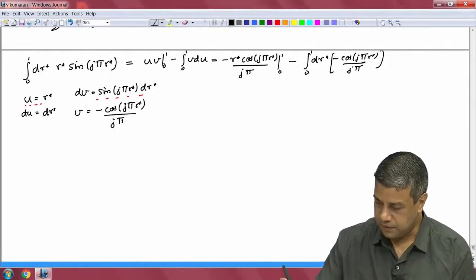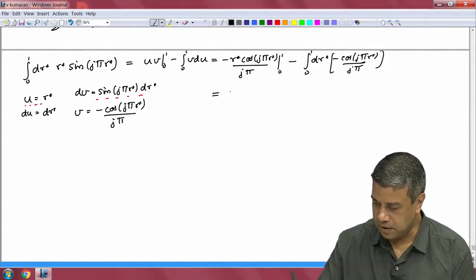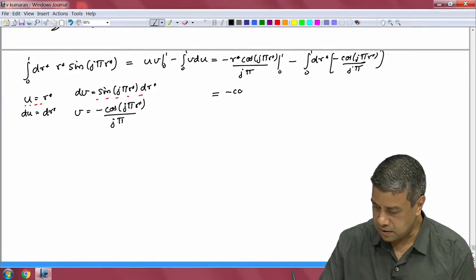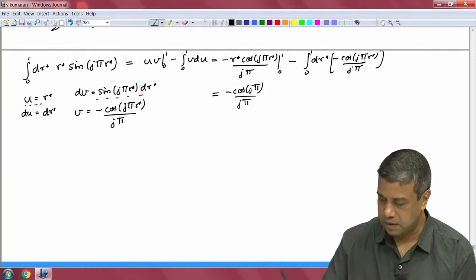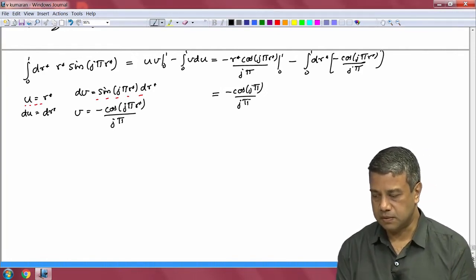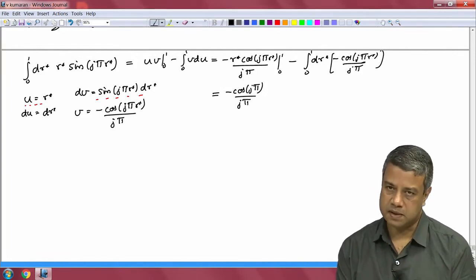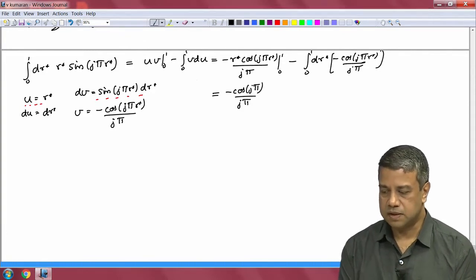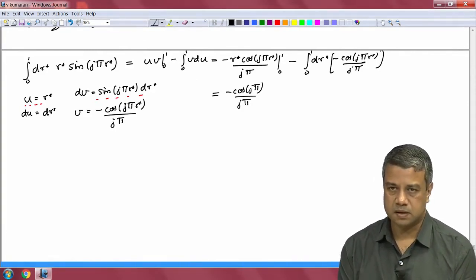Now, this first term, at the upper limit it is minus cos of j pi by j pi. At the upper limit, R star is equal to 1, this is equal to cos j pi by j pi. At R star is equal to 0, this term is 0.